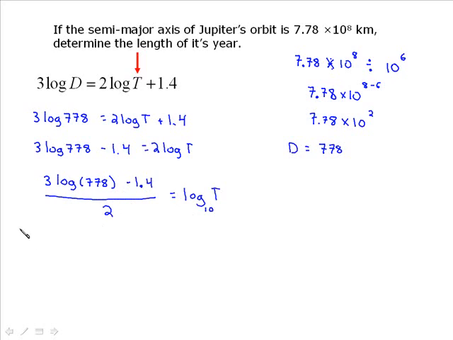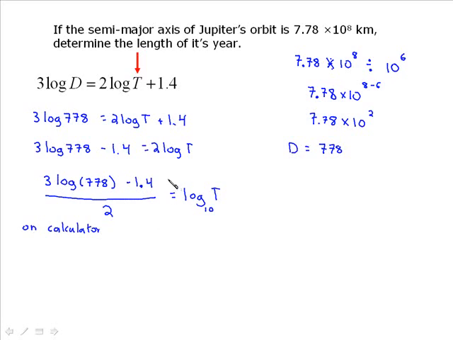So in the calculator, you simply key that in as it's written. So 3 log 778. Remember that the calculator is programmed with base 10, so we can do it. So 3 log 778 minus 1.4, enter.